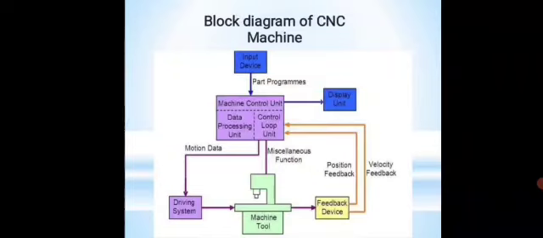The machine control unit includes the data processing unit and display unit, and it includes the microprocessor also. Then motion is controlled by the driving system, then machine tool, feedback device. These are the major parts.